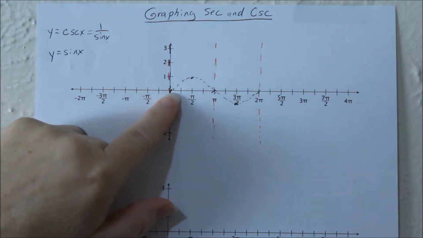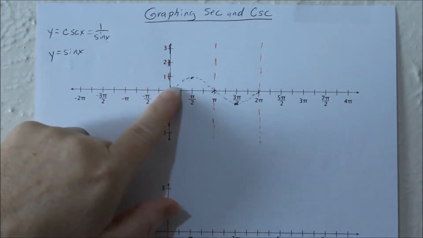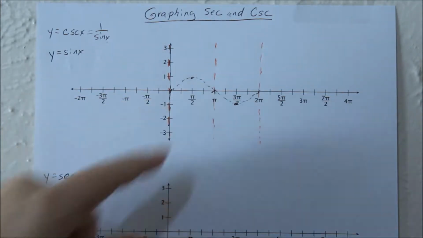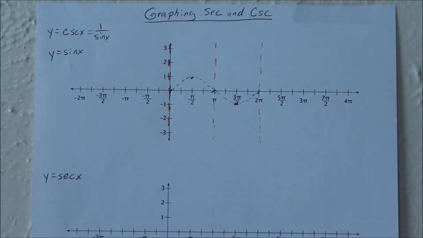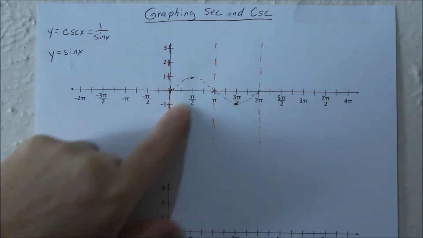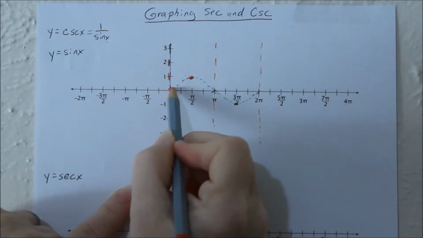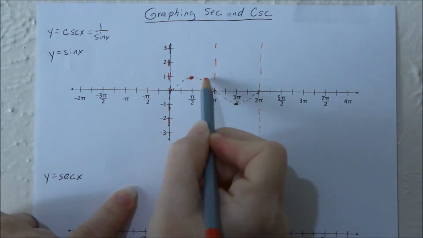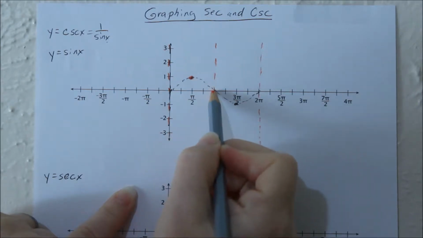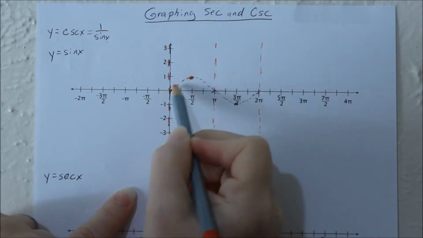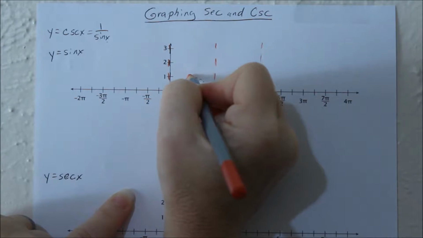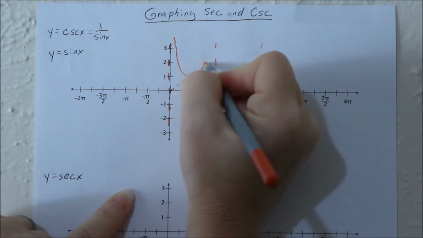Once I've done that, since cosecant is a reciprocal, it will be the opposite of sine. Here we'll still have this high point, but since sine looks like a hill in this area, cosecant will be the opposite. Sine is a hill, so cosecant will be, I like to call it, a valley.